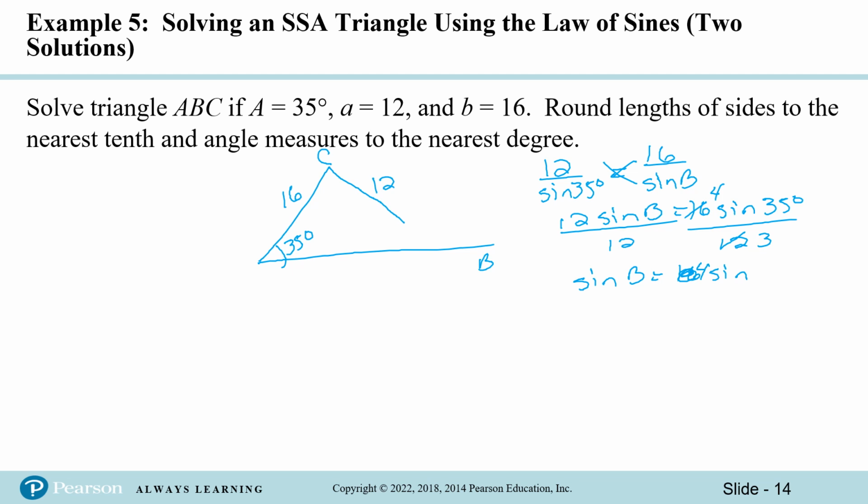It's actually 4 sine 35 degrees over 3. And to find B, we could do the sine inverse of 4 sine 35 over 3. And rounded to the nearest degree, that gives us 50 degrees.